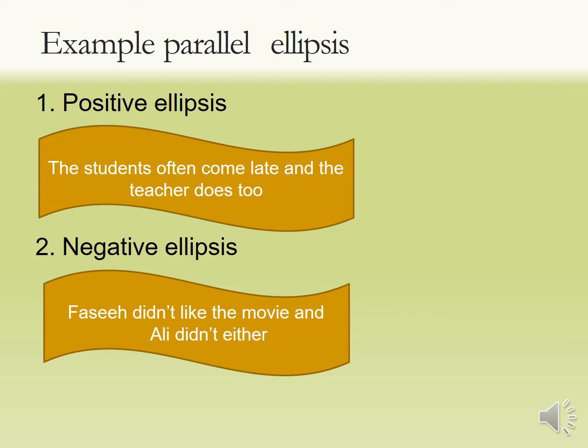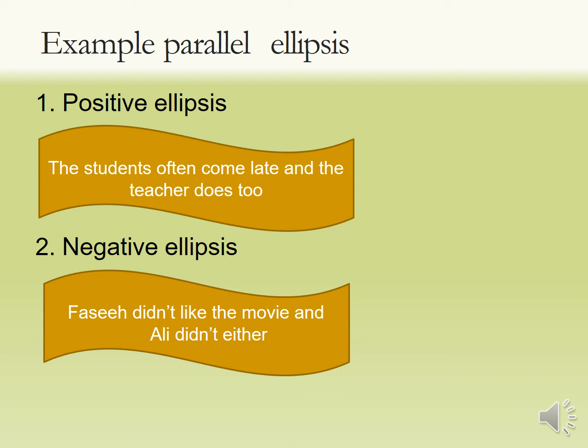See the other statement that we have in negative ellipses: Fasi didn't like the movie and Ali didn't either. In both cases, they don't like the movie. In the second part of the statement, Ali didn't either, it means Ali also did not like the movie.